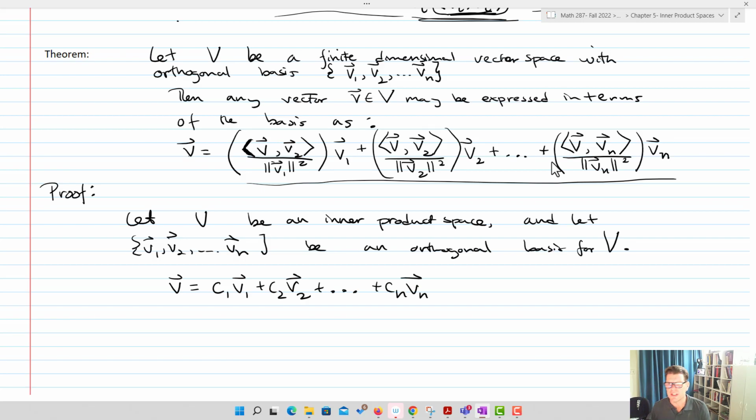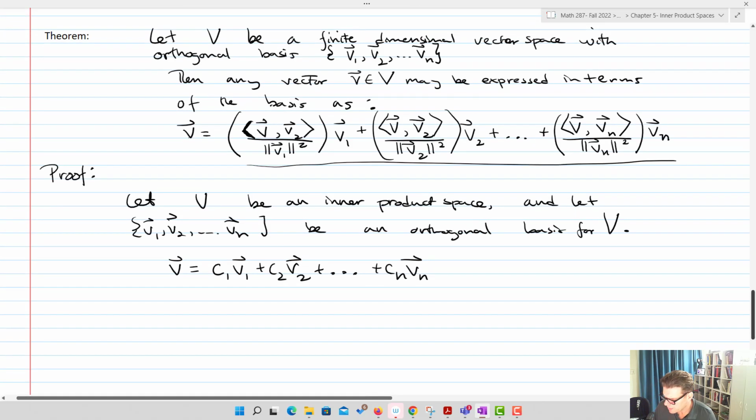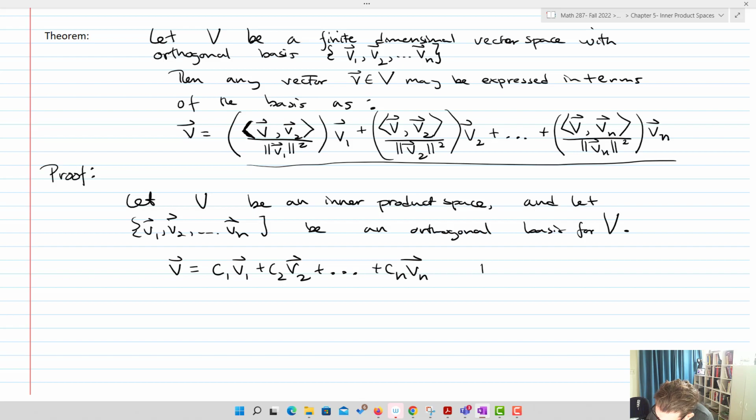Because you could just find a set of scalars, multiply them by each vector in the basis, and you get the vector in that basis. And it's unique for that basis.